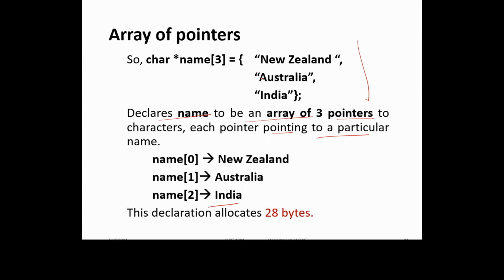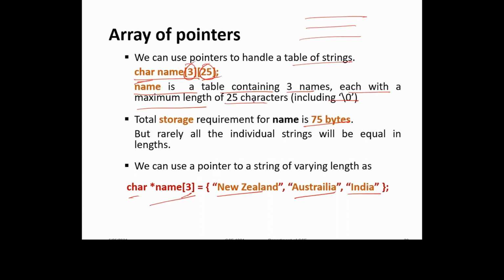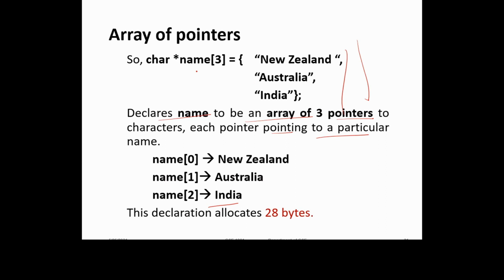Okay, and it can be done in a different way. I mean, we can have a separate variable which is storing these strings like this, name 3 25, and we can assign values like here. Or we can have another pointer variable by which we can access this. Okay, and this declaration allocates 28 bytes.